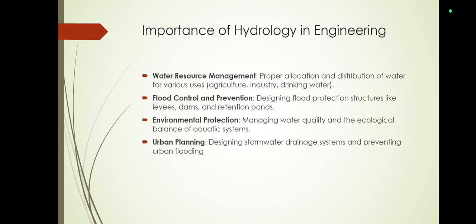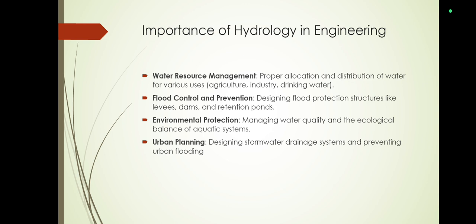Now, the importance of hydrology in engineering. There are many important factors involved in engineering hydrology. These are some basic ones. Water resource management: proper allocation and distribution of water for various uses like agricultural, industrial, and drinking water usage. We need to allocate an amount of water for different purposes.